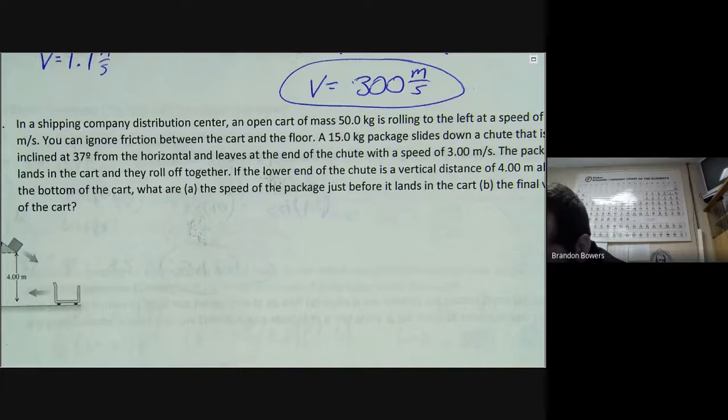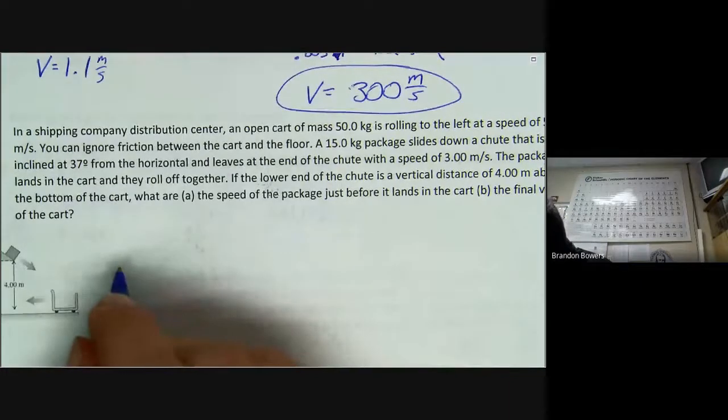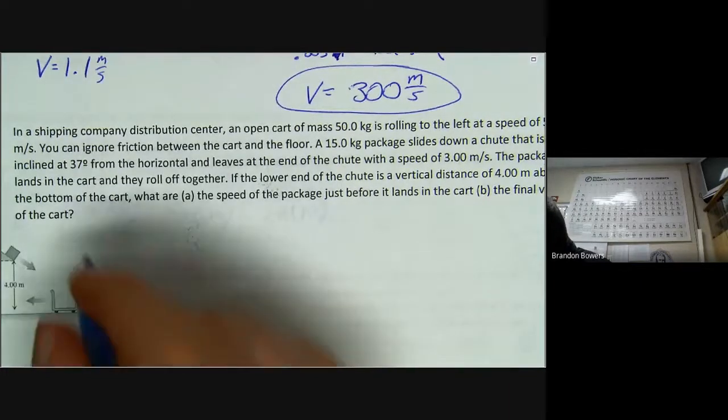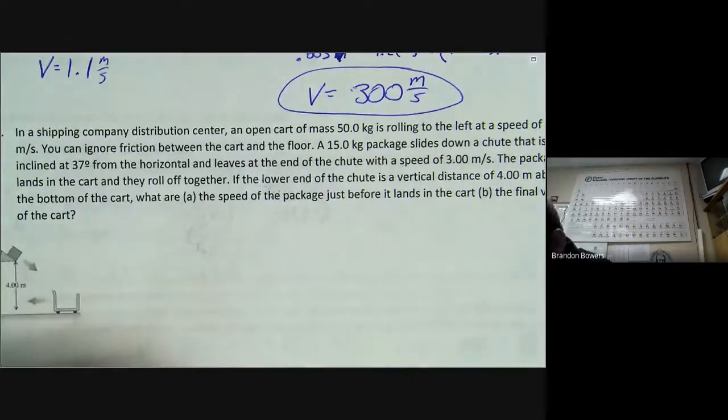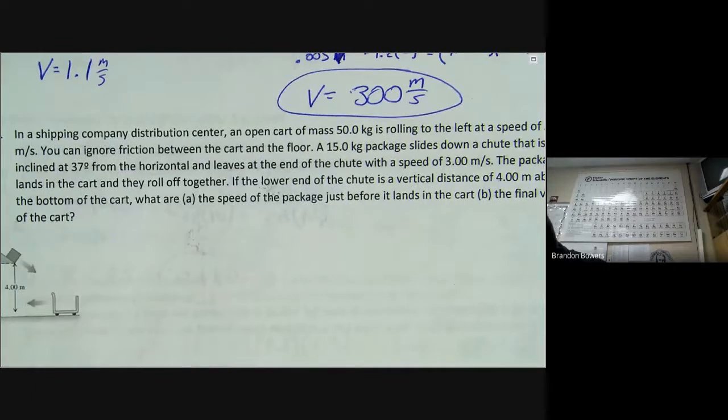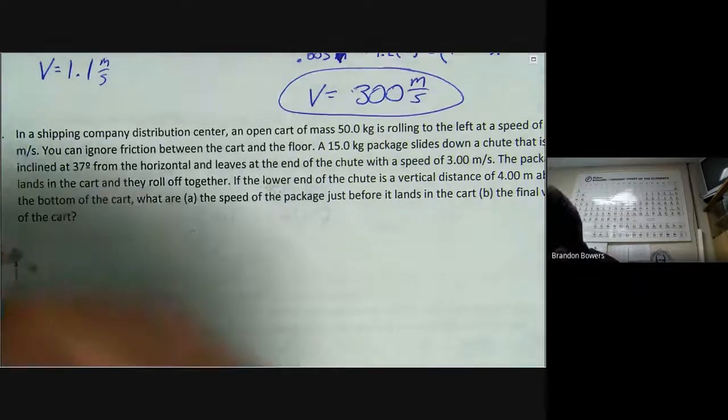So we've got to look at what we know. What we know is there's a 37-degree angle. We know that the box was traveling and it leaves the chute at 3 meters per second.